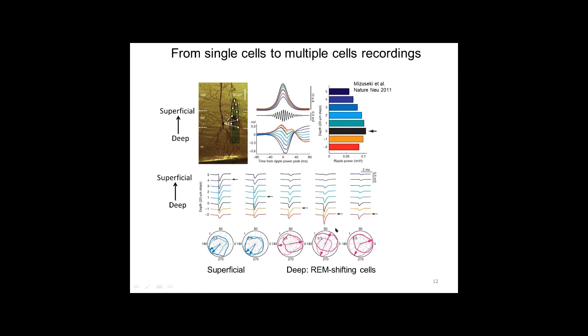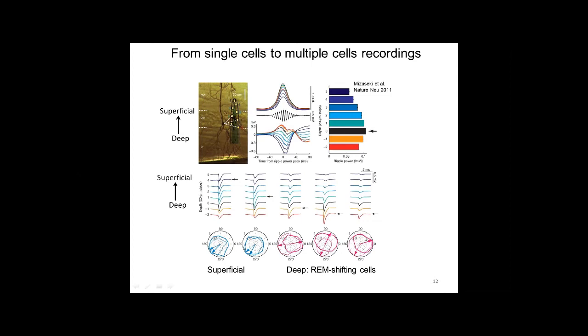In that paper, they reported that by using these approaches to localize superficial and deep cells, deep cells, but not superficial cells, shifted their preferred theta phase of firing during theta oscillations recorded in awake animals versus those recorded during REM sleep. And they called this subset of deep cells that shifted their preferred phase REM-shifting cells.